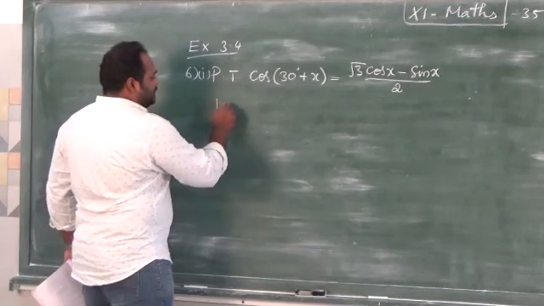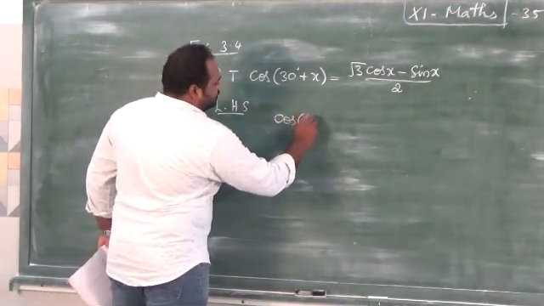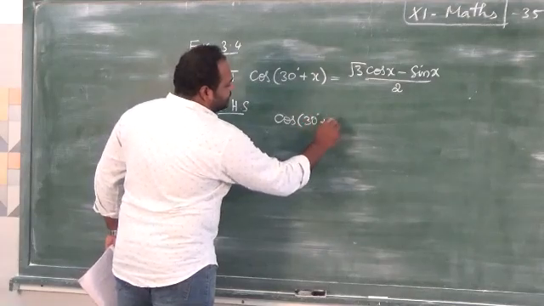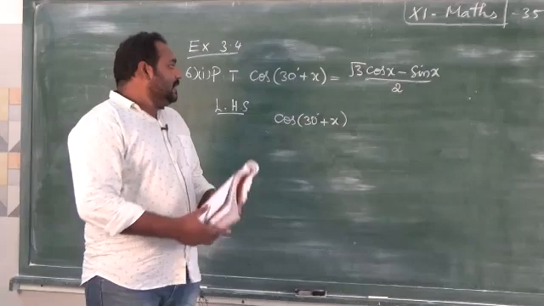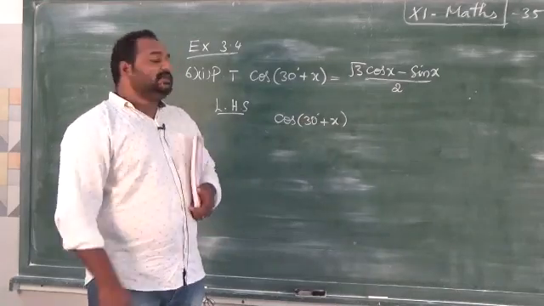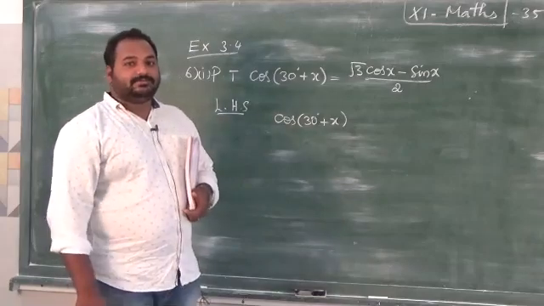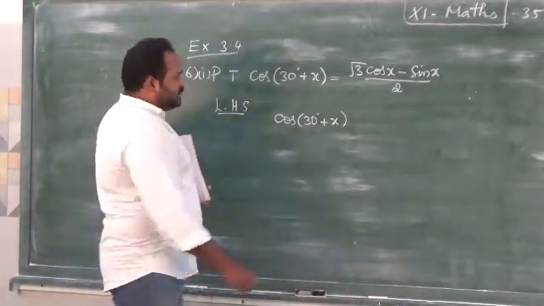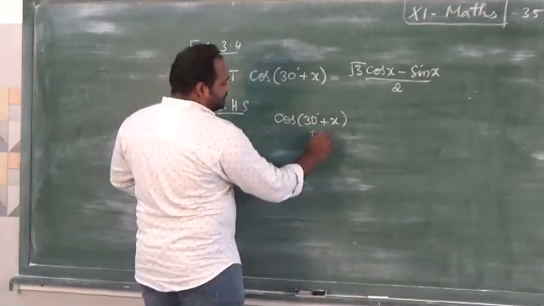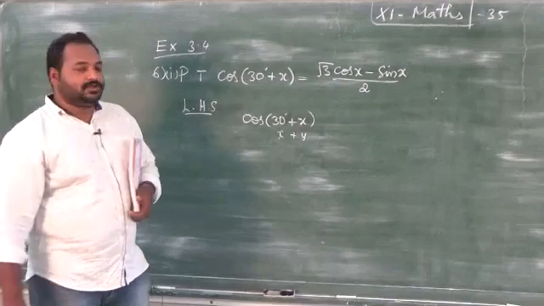See, LHS is cos 30 degree plus x. If you see a bracket like this, immediately we have to remember the formulas. In previous classes I have given the identities for cos A plus B, cos A minus B, sin A plus B, sin A minus B formula. Here this is x, this is y. So cos of x plus y formula I am going to use here.